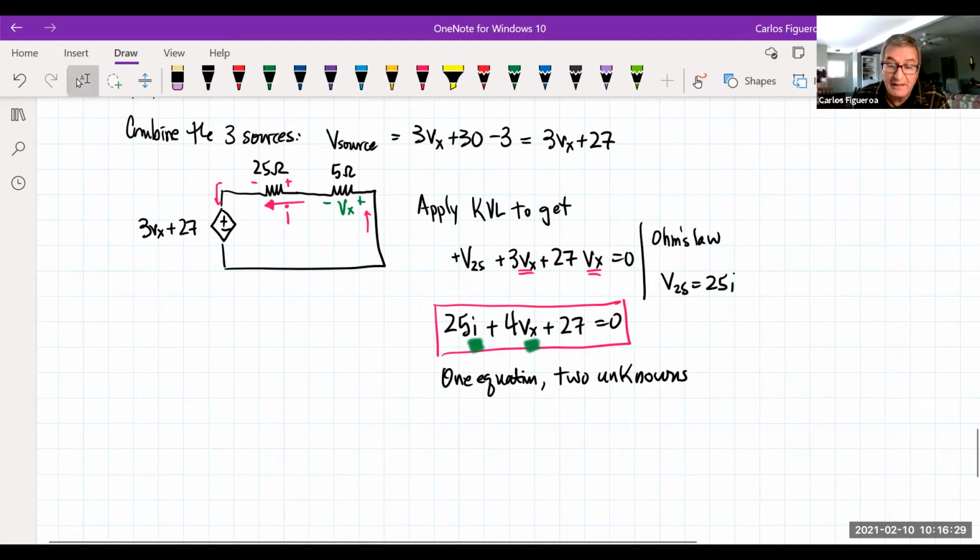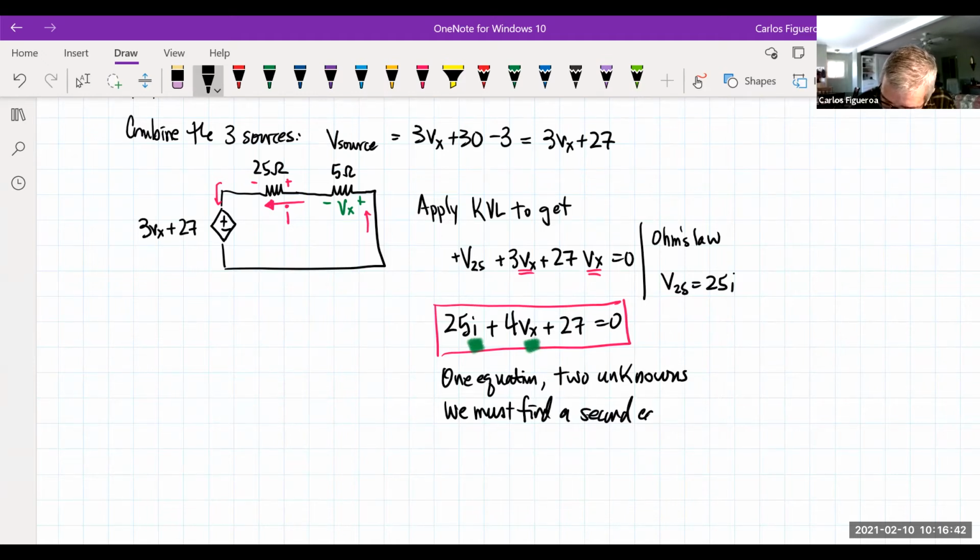How do I get that other equation? Step 2. So that means we must find a second equation to solve this. And that's exactly what step 2 does. Step 2 then brings in the dependent condition.